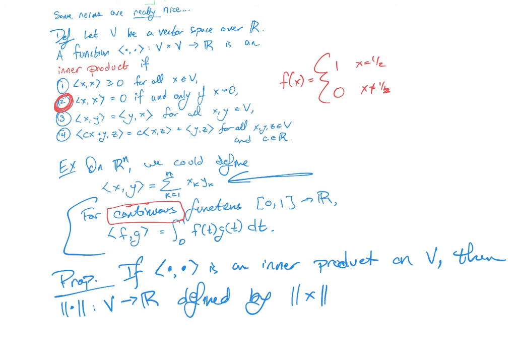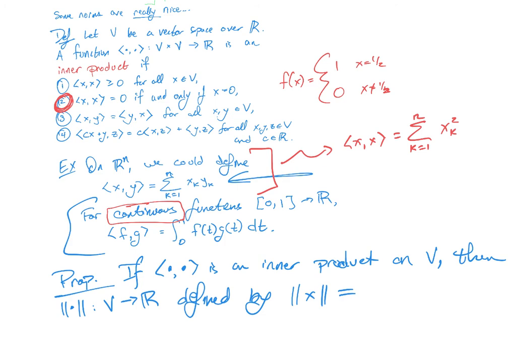Look at the dot product example. If we take a dot product of x with itself, we get the sum of the squares of its coordinates, right?